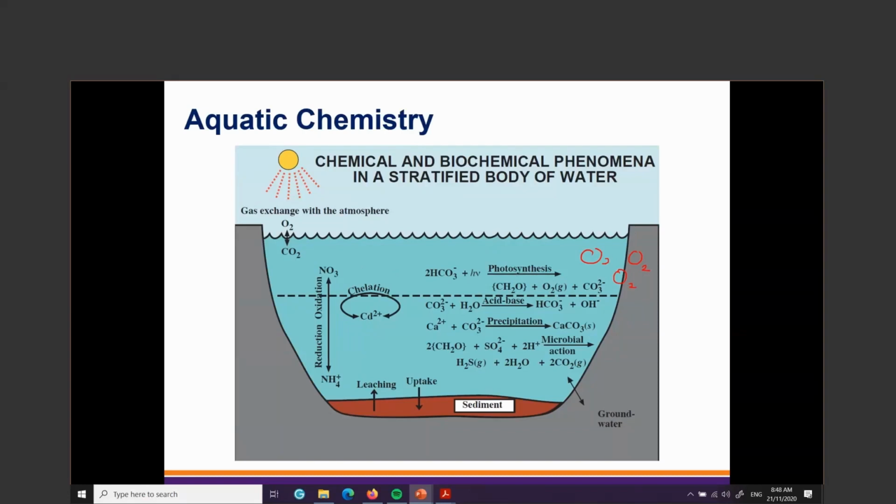For the oxygen deficient layer near the surface of the sediment, you can have solute exchange, leaching, and uptake. Here we can also have some microbial action that does not need oxygen. You can have precipitation, acid-base reaction, and so on. We will discuss this in detail in water pollution.